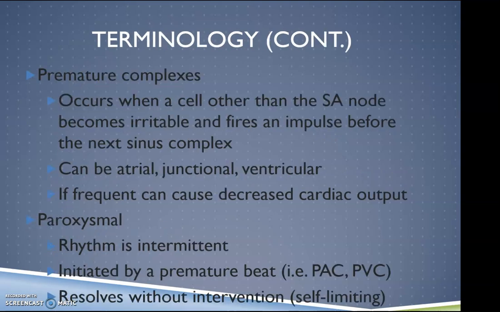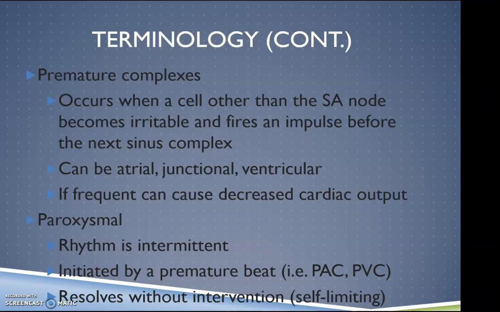Premature complexes: this means a cell other than the SA node becomes irritable and fires an impulse before the SA node can fire the next complex. It can be atrial, junctional, or ventricular. If frequent enough, these will cause decreased cardiac output. And then finally, paroxysmal.